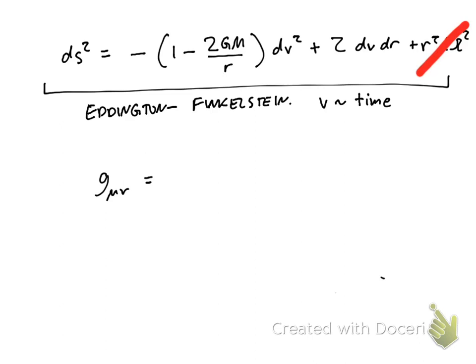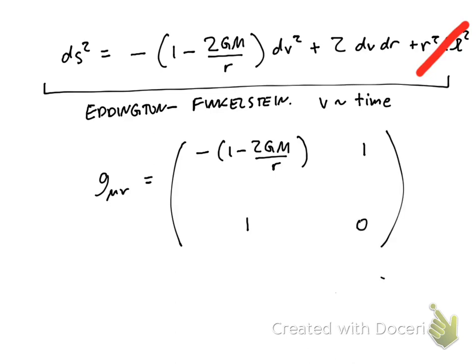In lower index matrix notation, this metric looks like this. These ones in the off-diagonal components are basically capturing the 2 dv dr term that is here.